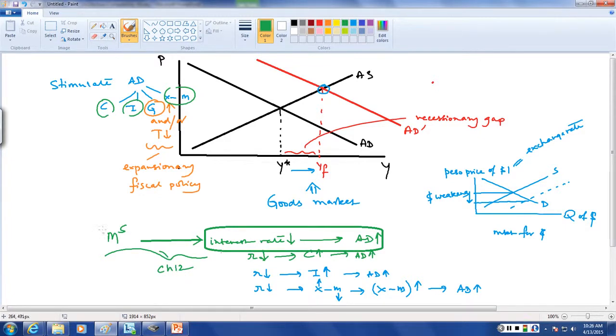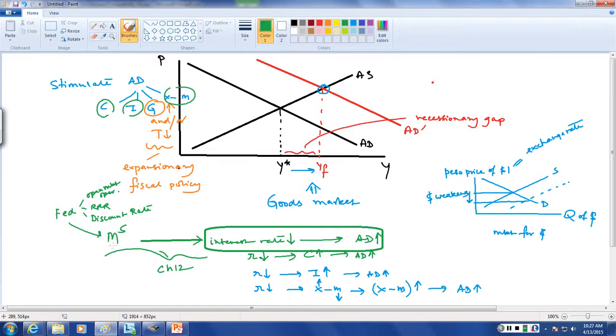Now we know that the Fed can affect the money supply. We've learned this. And it can do so in three ways. What are the three ways? Open market operations, the RRR, and the discount rate. So these are the three ways in which the Fed can affect the money supply.